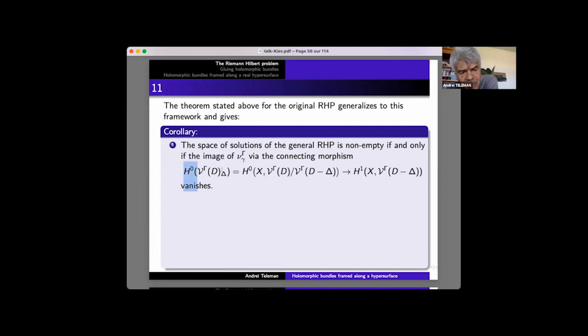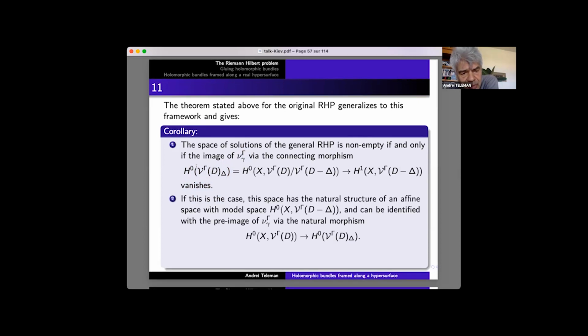Again, here we have the space of sections in a torsion sheaf on X. This is important, on a closed Riemann surface X. Everything is on X here, which is a closed Riemann surface.